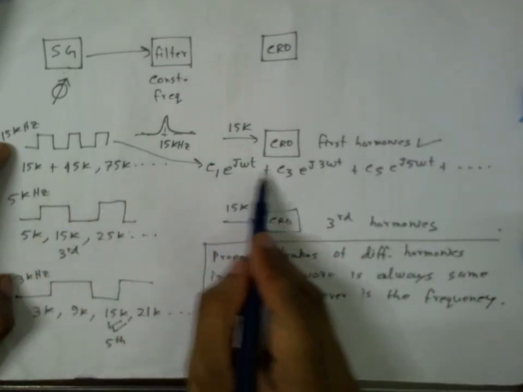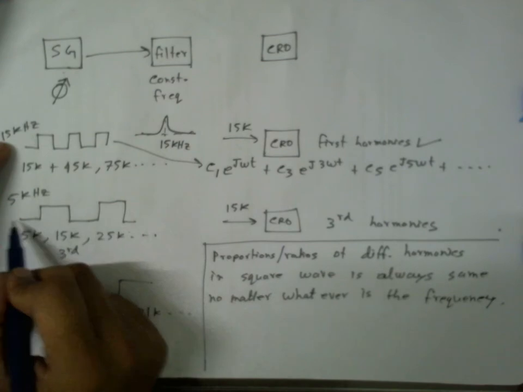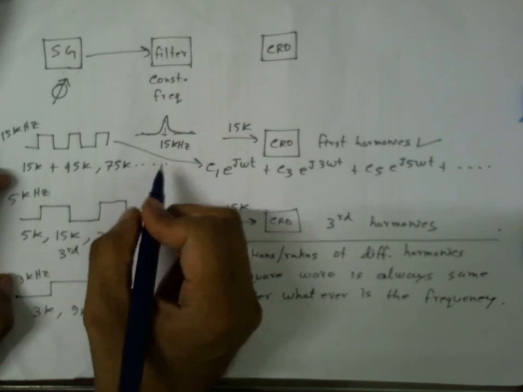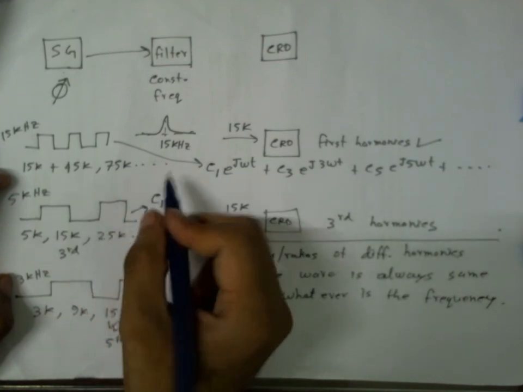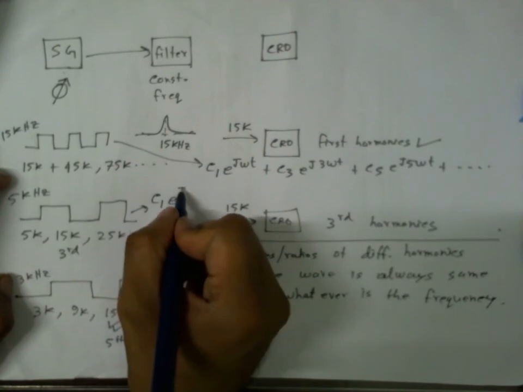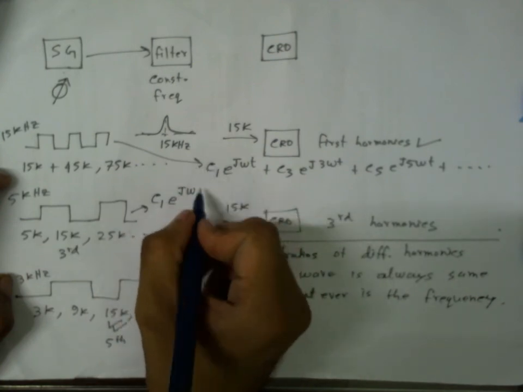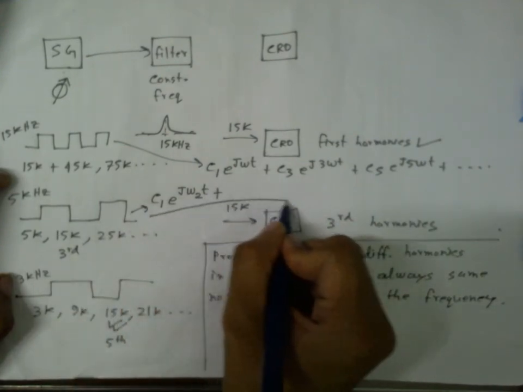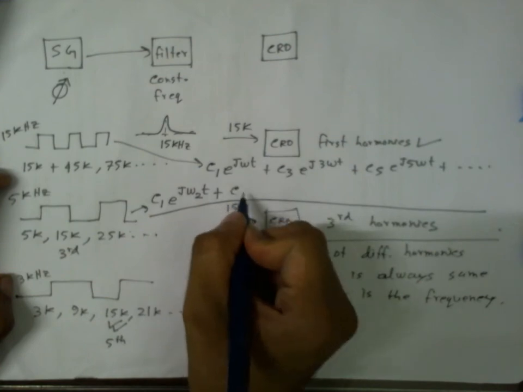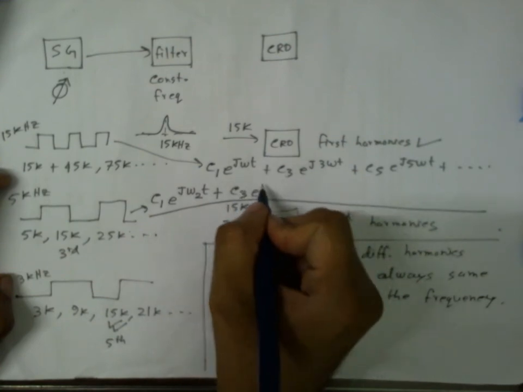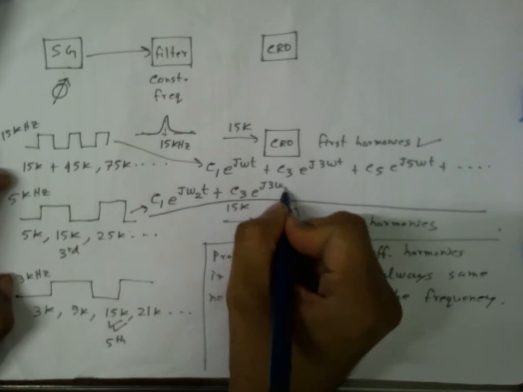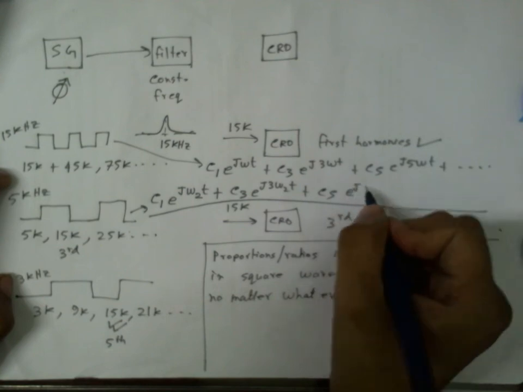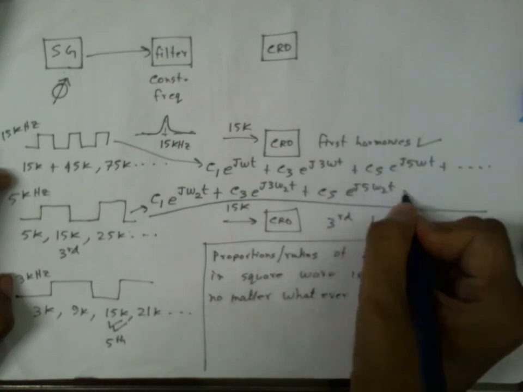If these are the Fourier coefficients of this signal, then for this signal, which is again a square wave but of a different frequency, the Fourier coefficients will be the same: C1 e to the power j omega 2 t, let me call it omega 2, plus C3 e to the power j3 omega 2 t, plus C5 e to the power j5 omega 2 t, plus so on.